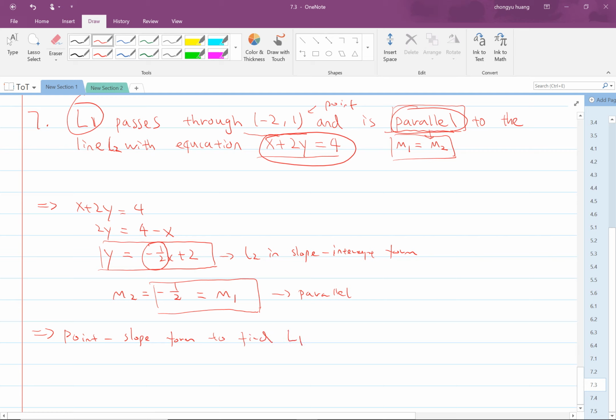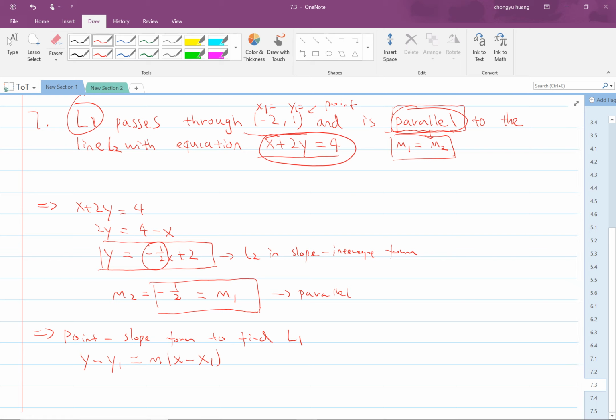So we have a point and then we have a slope. Point slope form, as I repeat many times, is y minus y1 equal to m bracket x minus x1 bracket, right? Now all you have to do is plug into the equation. Here x1 is equal to -2, and y1 is equal to 1.